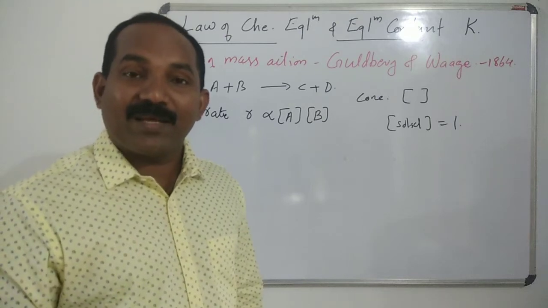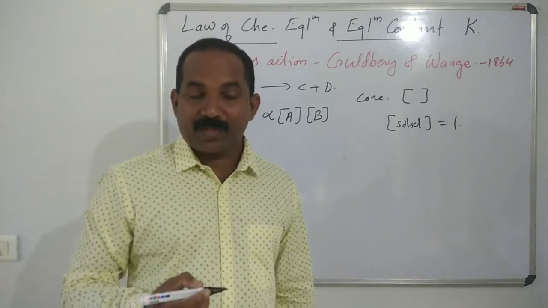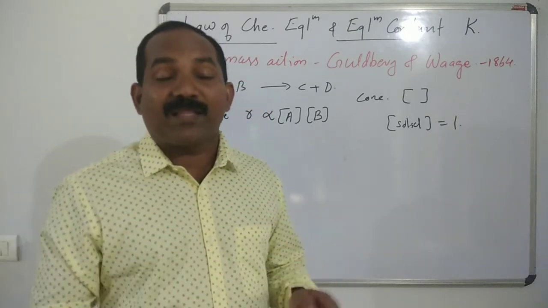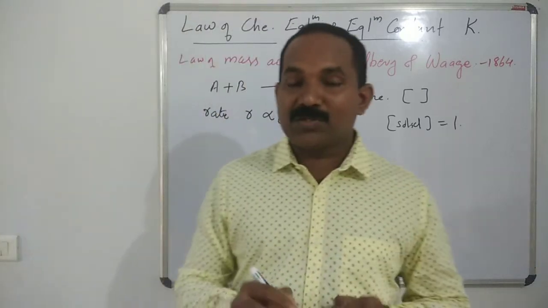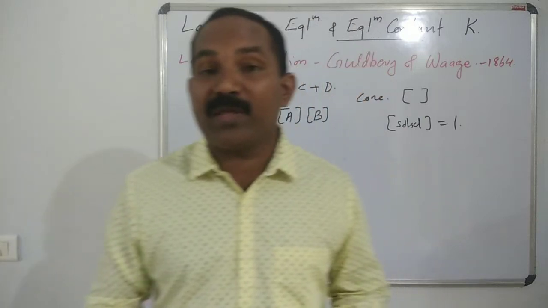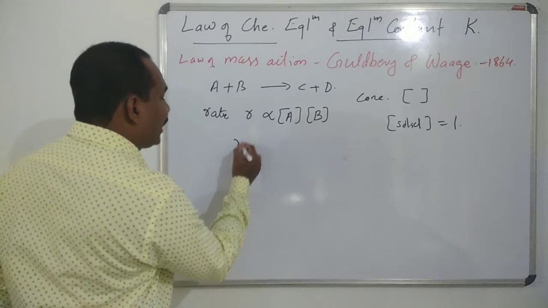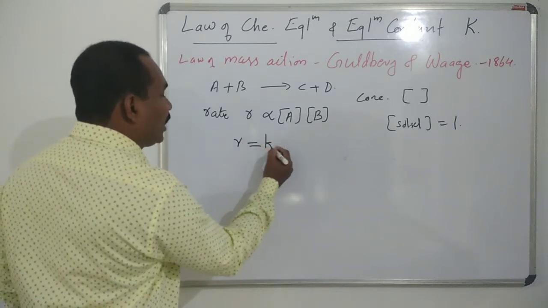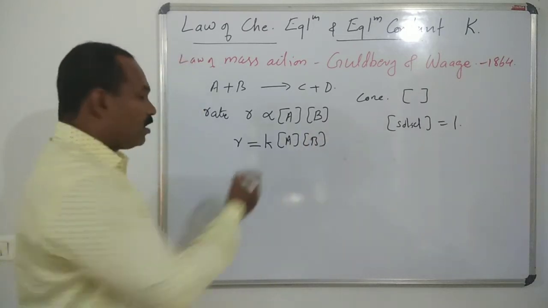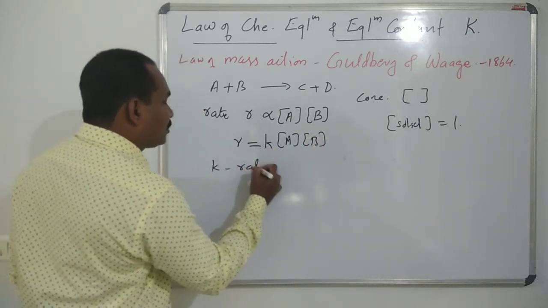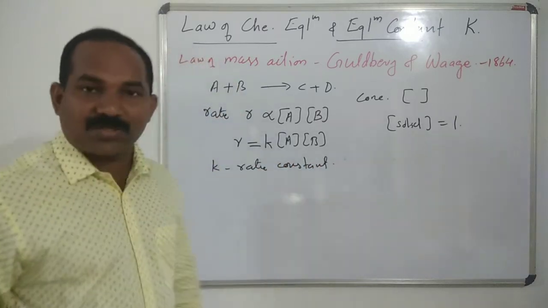For gas and liquid states or in aqueous solution, we consider the concentration, and that concentration is represented by square brackets. So for reactions taking place in a liquid medium, we consider the molar concentration, and we can write R is equal to K times the concentration of A times the concentration of B. What is K? K is the rate constant.